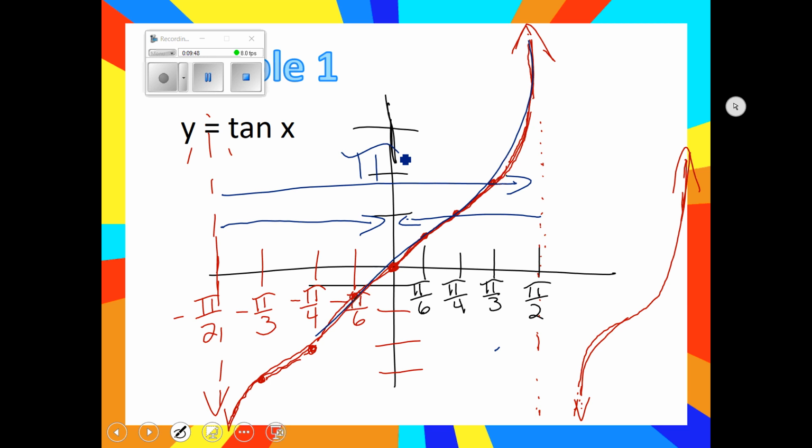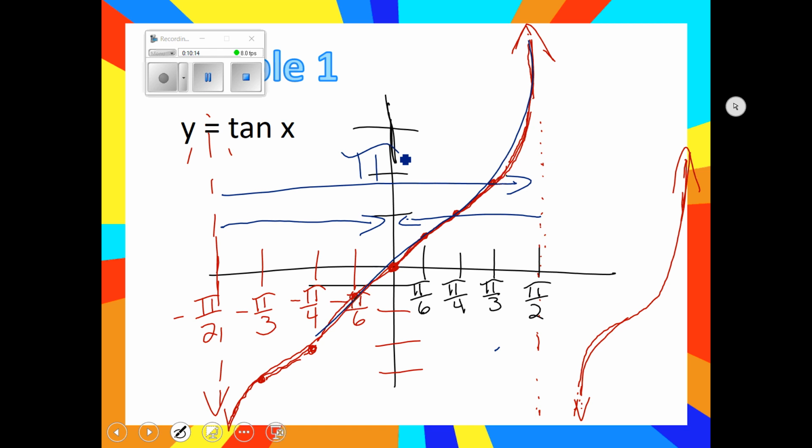So tangents, basically, they don't start at 0 and then go to pi unless they're being shifted. The basic one, 0's the middle. It goes back pi over 2 to negative pi over 2, and then goes forward pi over 2. So it doesn't start at 0.